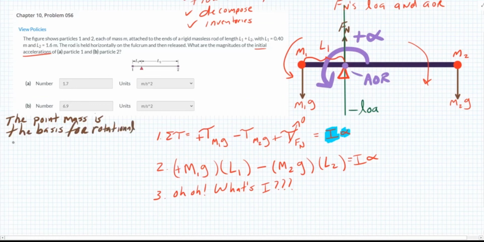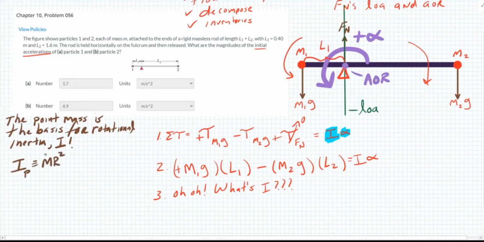Rotational inertia, also referred to as rotational mass, and depicted with the variable I. The rotational inertia of a point is defined as mr squared.